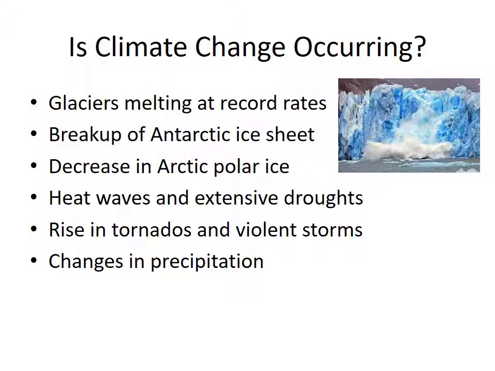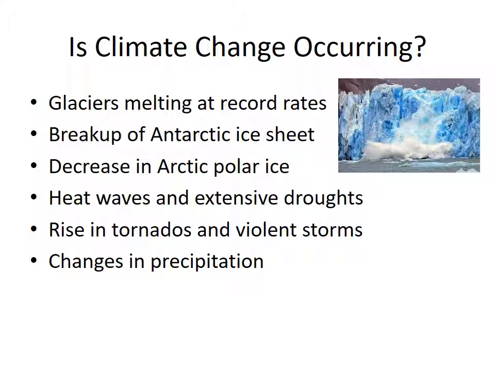The Arctic polar ice has had a 10% reduction per decade since the, I think, 1950s-ish. It's 40% thinner now than it was in the 1970s. So it's shrinking in size and it's shrinking in thickness.